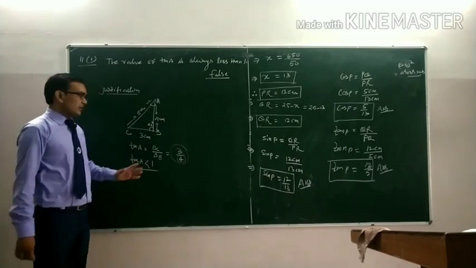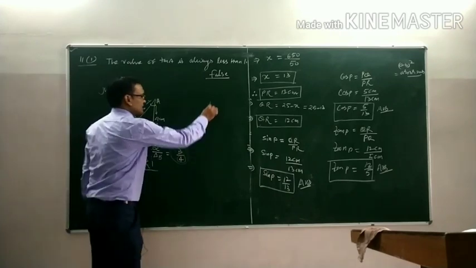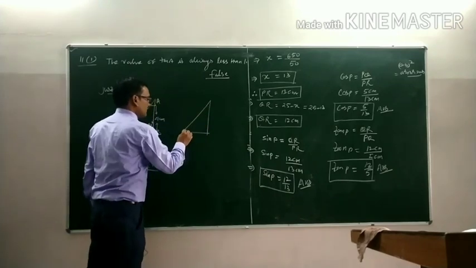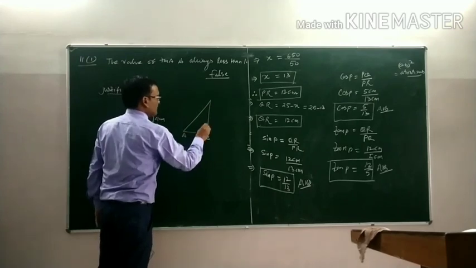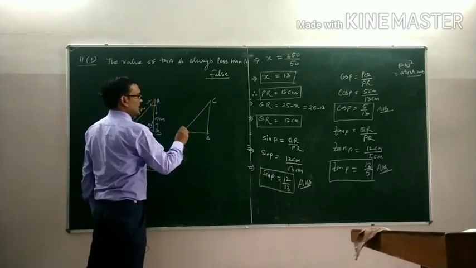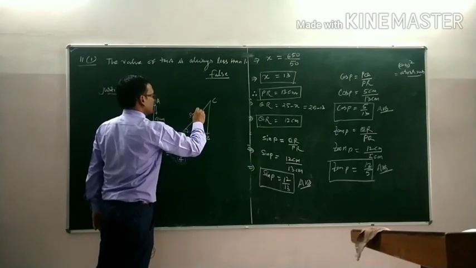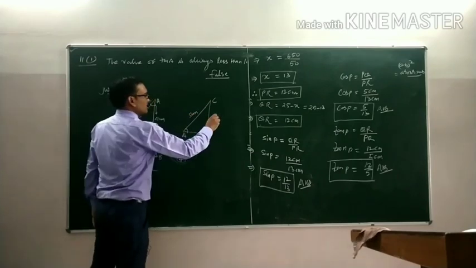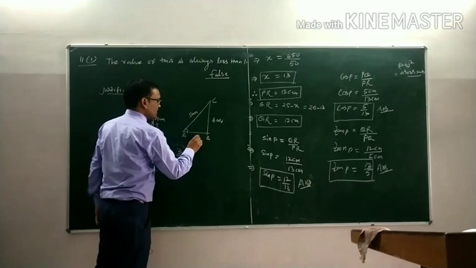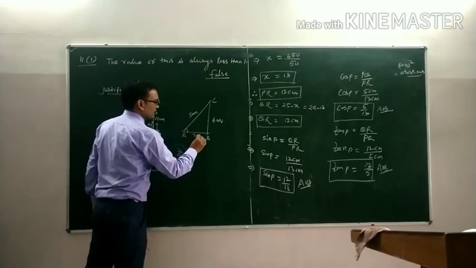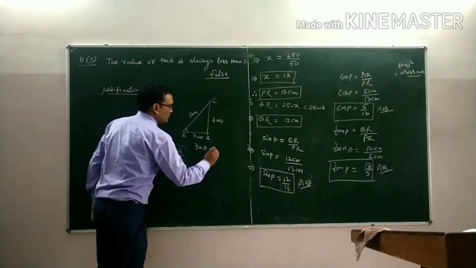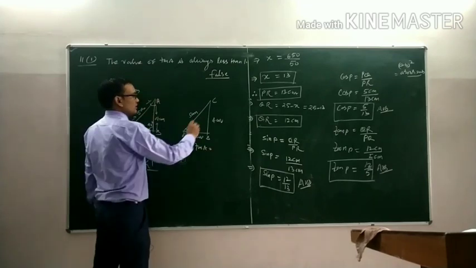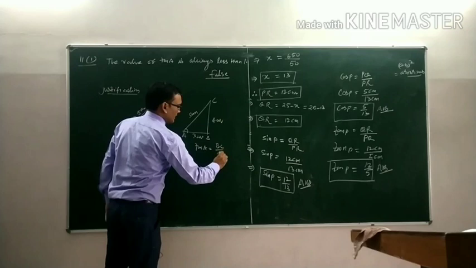Okay, student? But in the second condition, if you take the value here, ABC and angle A, the hypotenuse is 5 centimeter and BC is 4 centimeter and AB is 3 centimeter. Then we find tan A equal to BC by AB.